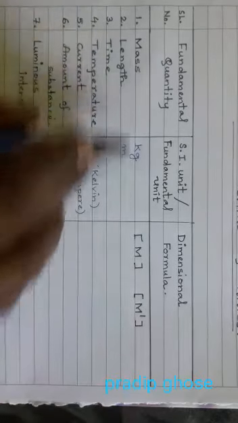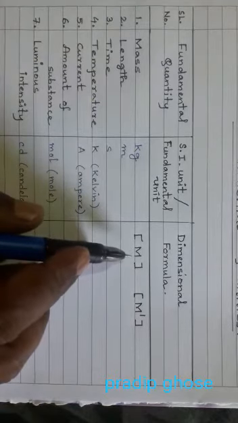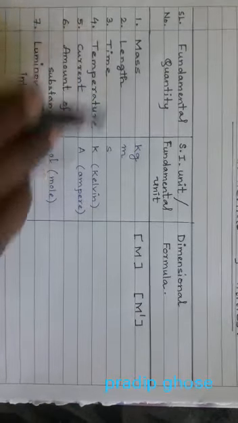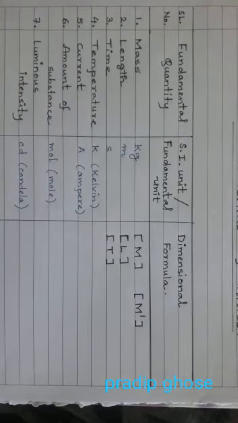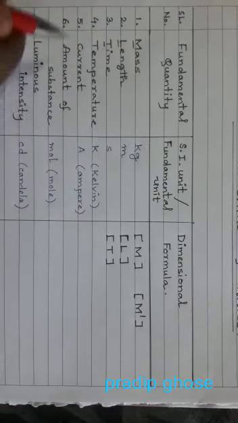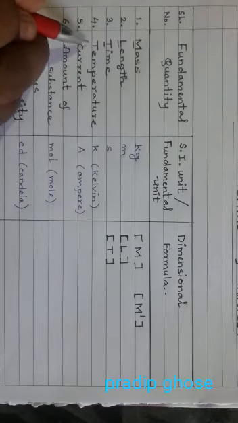So dimensional formula for mass is M, for length L, for time T. So you see, very simple. Mass, so M, length L, time T. Now for temperature, if I write T, then there will be big confusion.